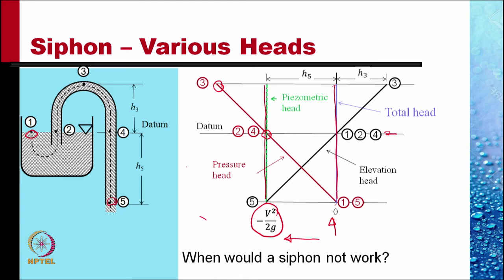So if the long arm of the siphon is about 10 meters, the siphon would not work. So we can empty a tank only if the long arm of the siphon is less than the barometric head, which is about 10 meters for water.